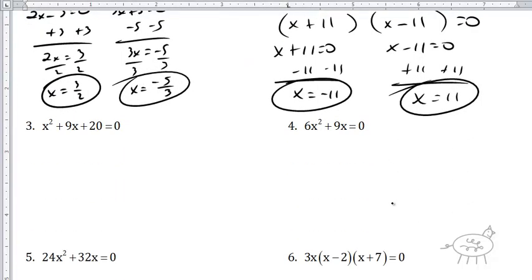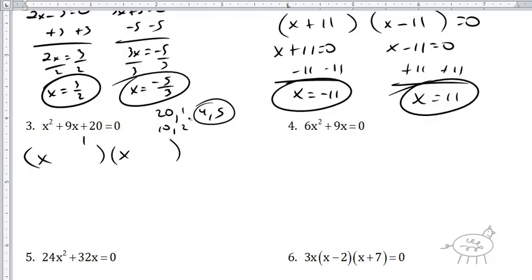Number 3, recognize this is a trinomial, so you're going to factor it. X and x, the signs are both plus plus because that's positive, it has to multiply to give you positive. So numbers that give you 20: 20 and 1, 10 and 2, 4 and 5. And because it's plus plus, first of all it's got to multiply to give you 20, which we already figured out, and then it's got to add to give you 9.